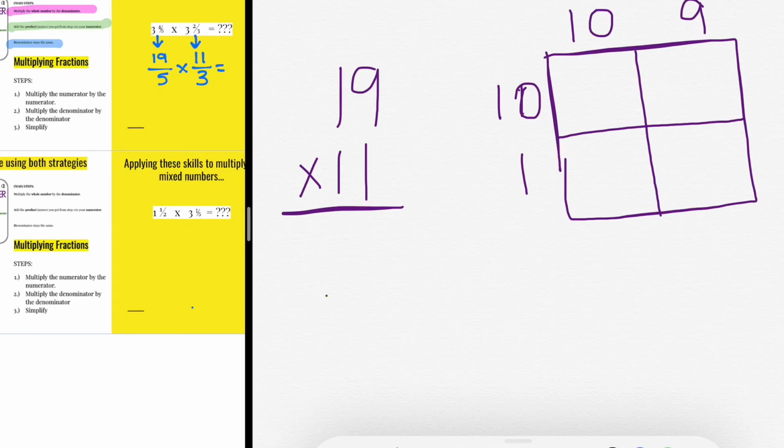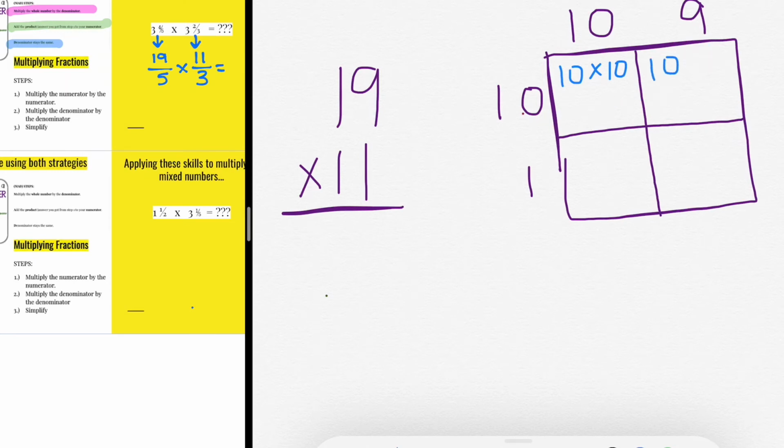And what I have to do is write the multiplication problems for each of these boxes. I do that by looking at what's on the top and what is on the side. And I know that my first box will have to be 10 times 10. I then look at my next box, and I know 9 is on top and 10 is on the side.